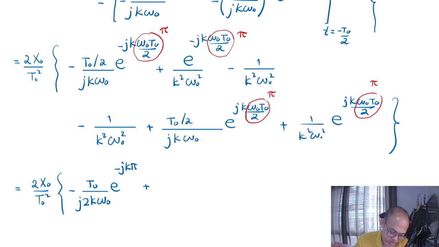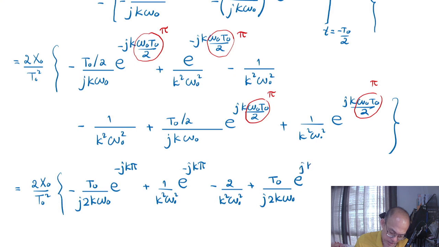Okay, plus 1 over k squared omega 0 squared e to the minus jk pi, and then minus 2 over k squared omega 0 squared plus t0 over j2k omega 0 e to the jk pi, and plus 1 over k squared omega 0 squared e to the jk pi.